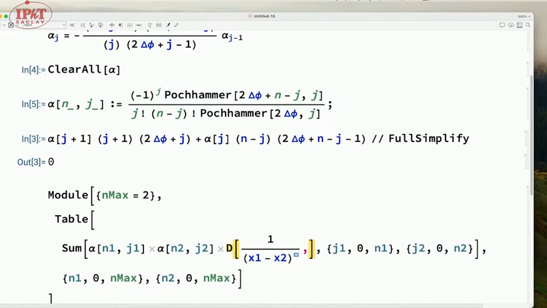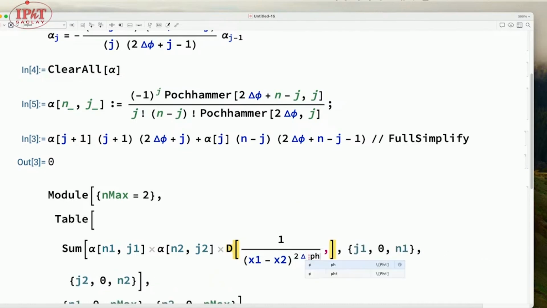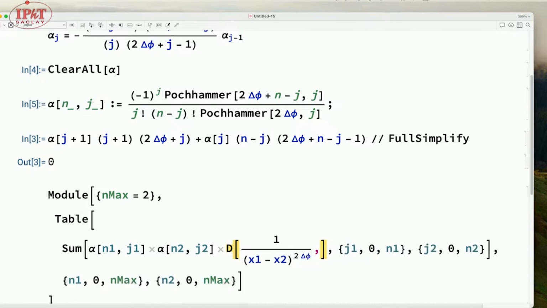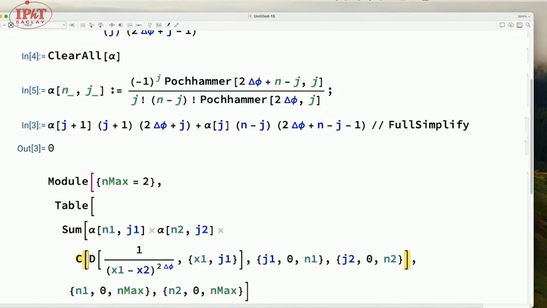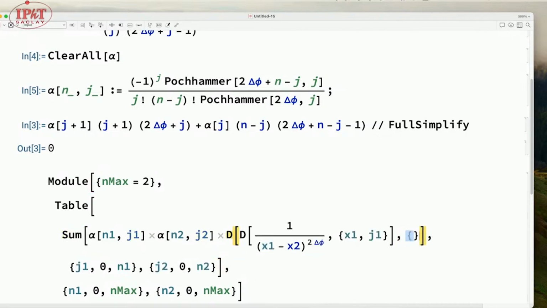So this is the first contraction, the two-point function of phi's, and we need to differentiate it with respect to x1, j1 times, and then differentiate that with respect to x2, j2 times.